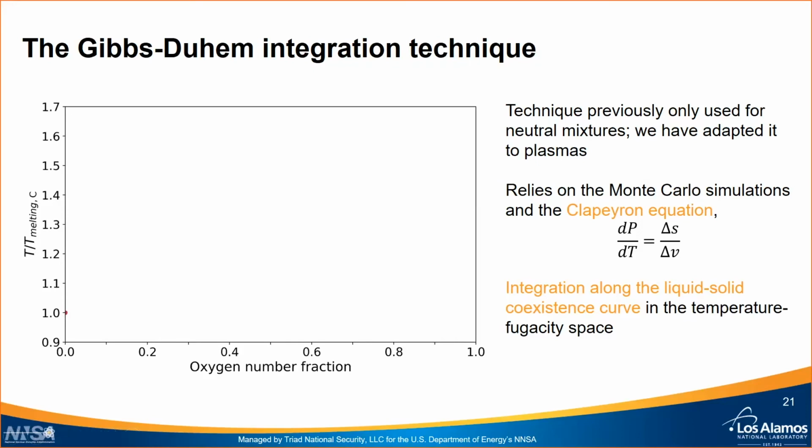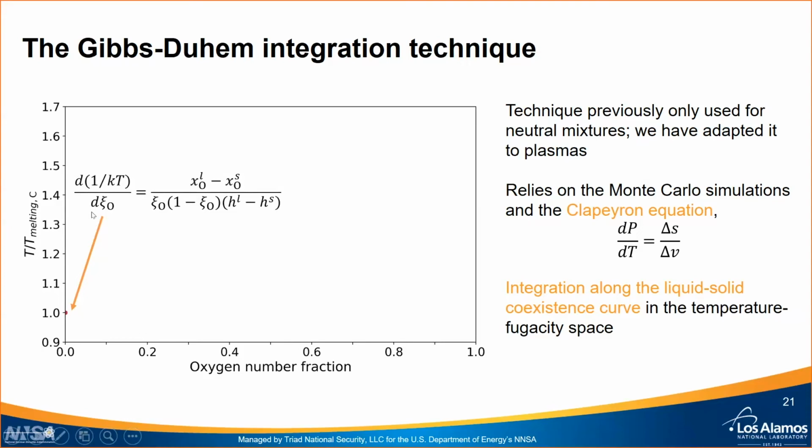And then to map the rest of the phase diagram, what we do is integrate the phase diagram directly along the melting curves using this version of the Clapeyron equation. Here we are integrating in the fugacity fraction space.